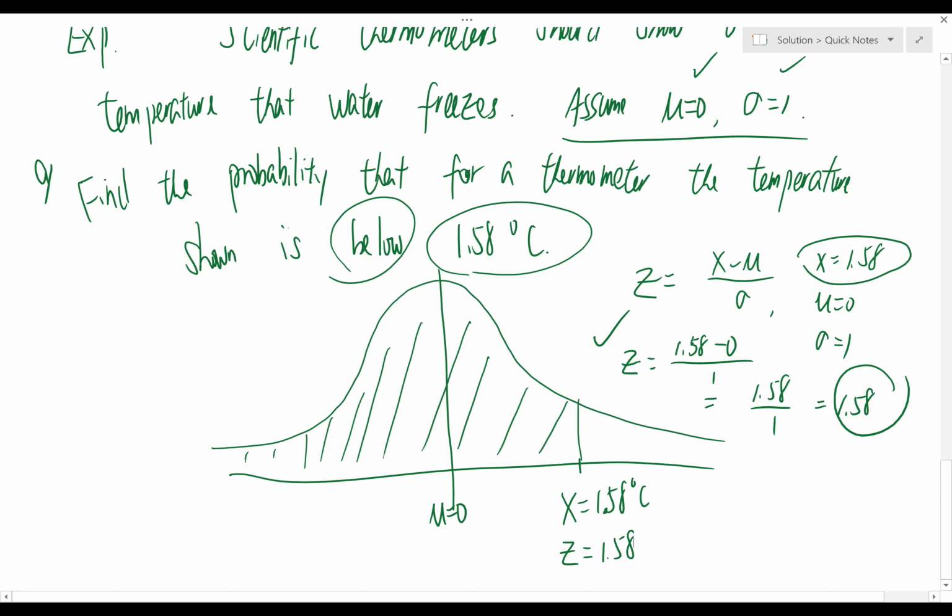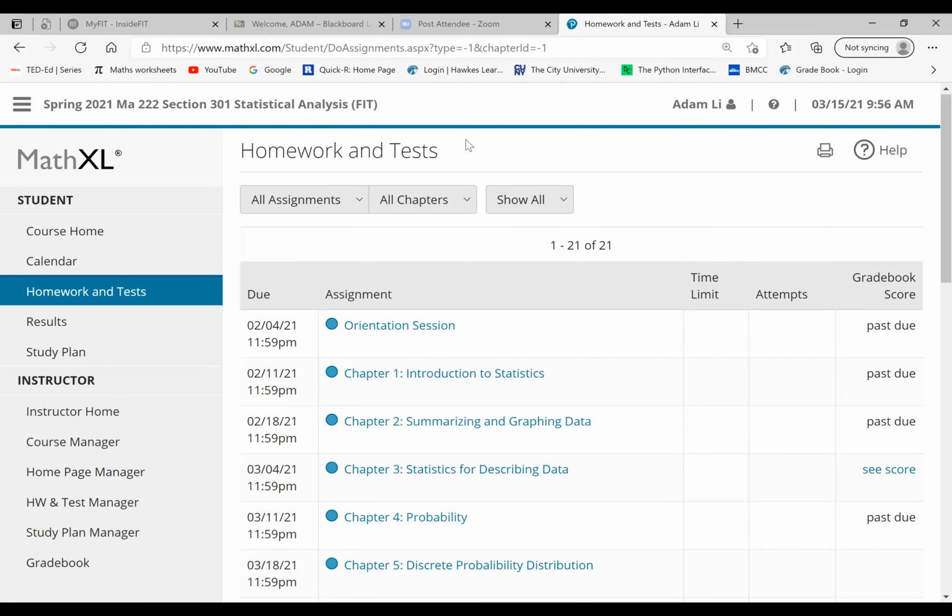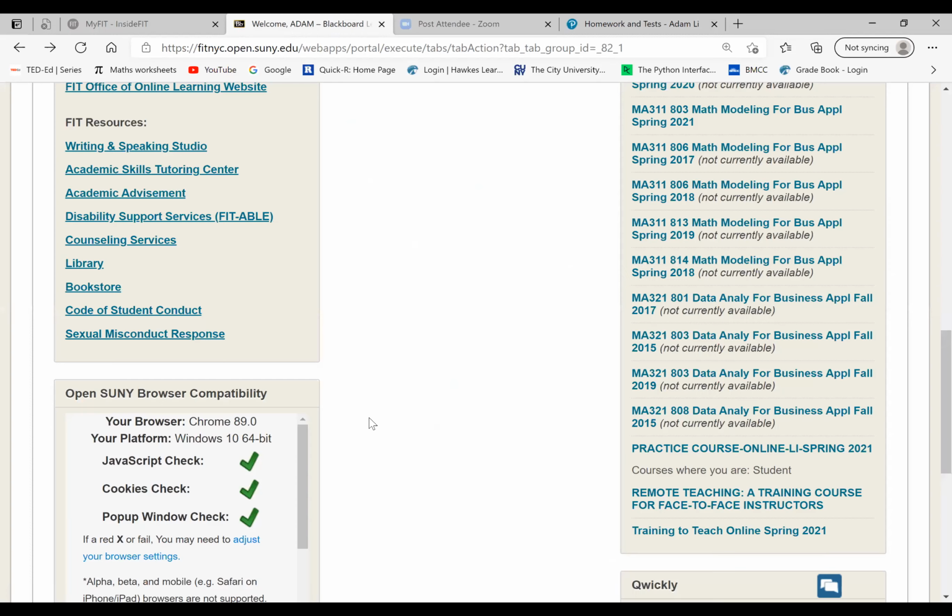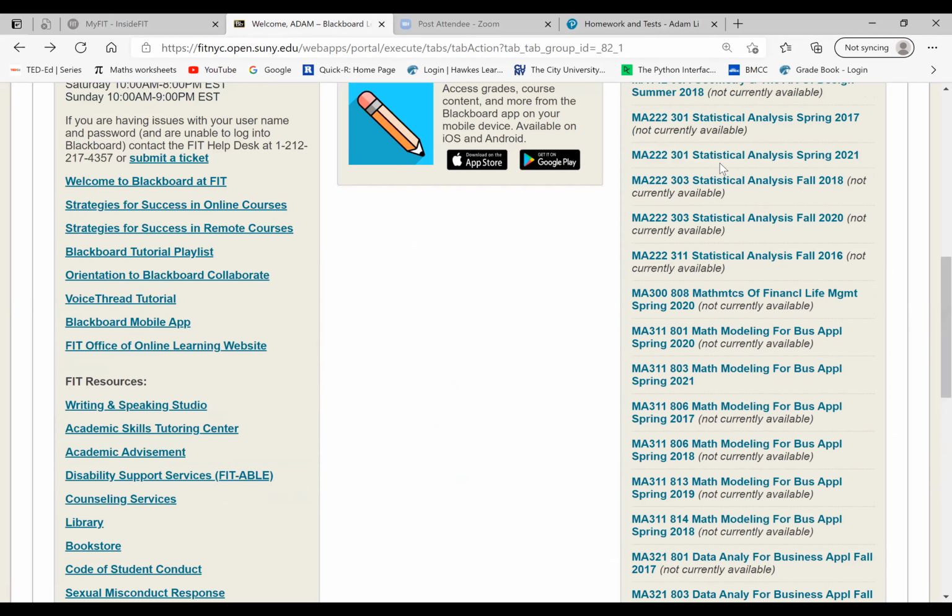I'm going to show you the table we are using to find the probability. The z-score is like the middleman, connecting the probability associated with any given data value. So go to Blackboard, open the course, and open the formula sheet.